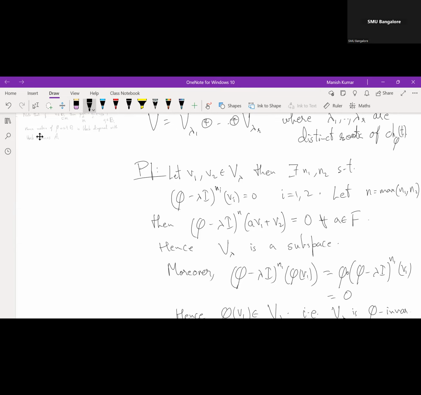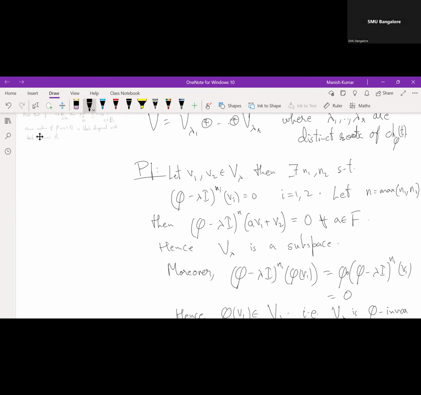So phi minus lambda I to the power n1 composed with phi is the same as phi composed with phi minus lambda I to the power n1. So phi commutes with phi and phi commutes with I, so it commutes with phi minus lambda I, and hence we can move things one by one, and hence to the whole of n1.